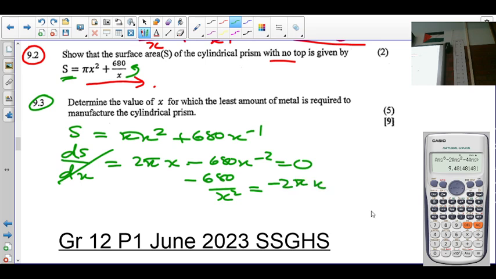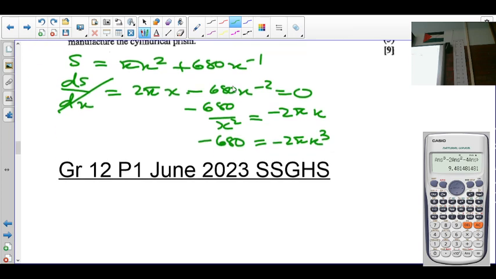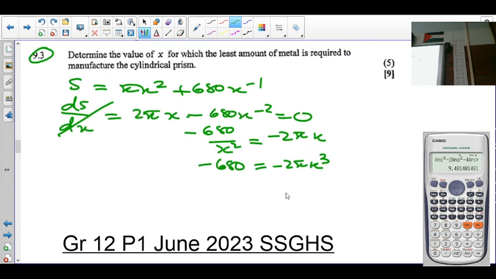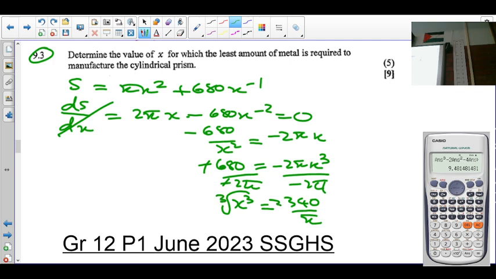So I cross multiply: negative 680 is equal to negative 2 pi x cubed. In pursuit of calculating x, I'm going to divide both sides by negative 2 pi. So x cubed is equal to 340 over pi. Then take the cube root of both sides.